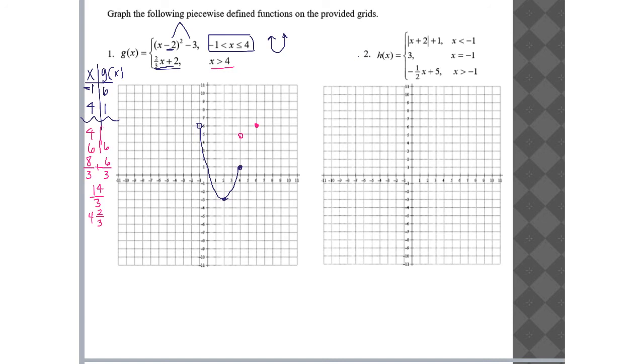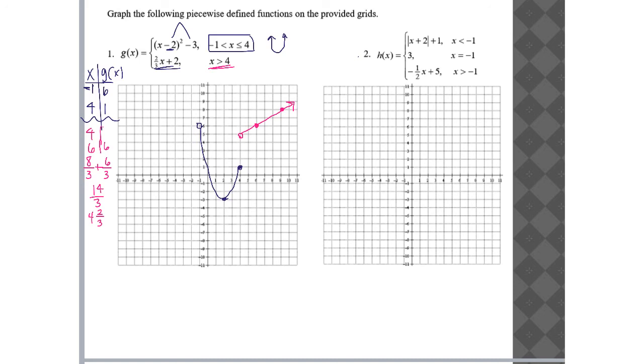We rise 2, run 3. All right, so here's some good points. And that needs to be a closed point. All right. And so again, now this one's going to have an arrow on the end because that continues. The other one didn't. All right, so there's our nice little piecewise function.